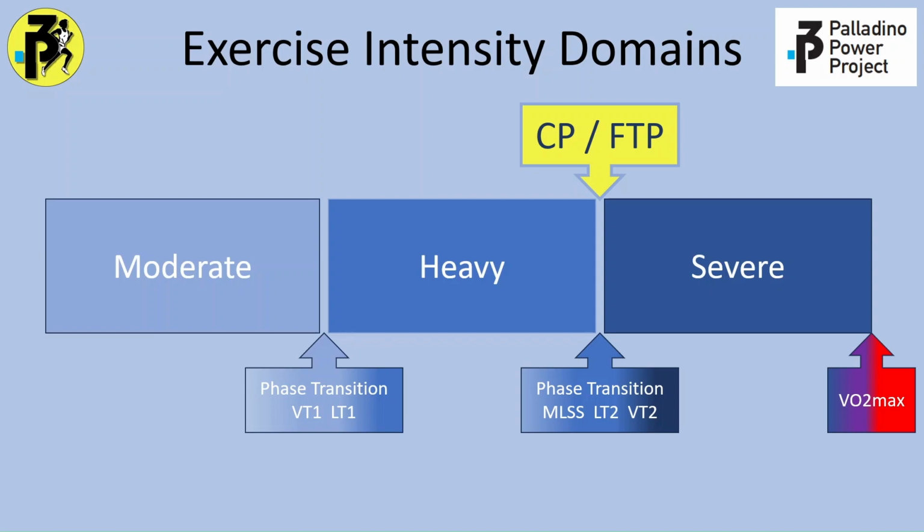So to put that in graphic terms, this is where CP and FTP come in, identifying the phase transition. Now, notice I'm not using threshold, because threshold implies that at one point you're in one domain, and one step higher you're in another intensity domain, just like your physiology changes abruptly from one thing to another.